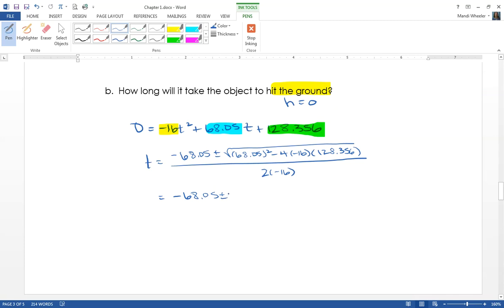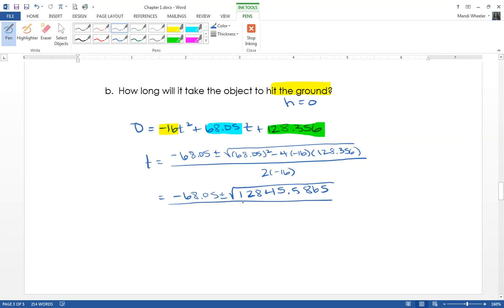I'm going to type this whole part underneath the radical in my calculator. So negative 68.05 squared minus 4 times negative 16 times 128.356 gives us underneath the radical 12845.5865.